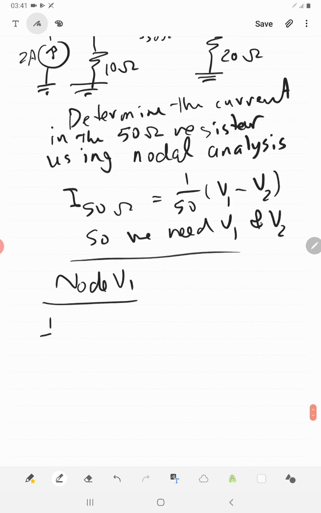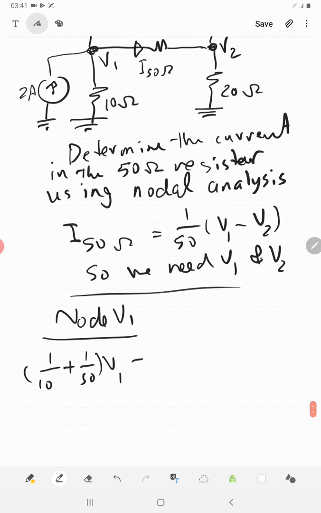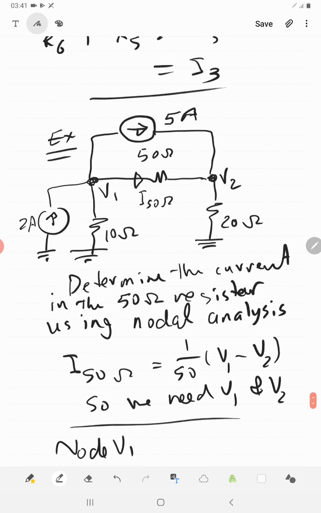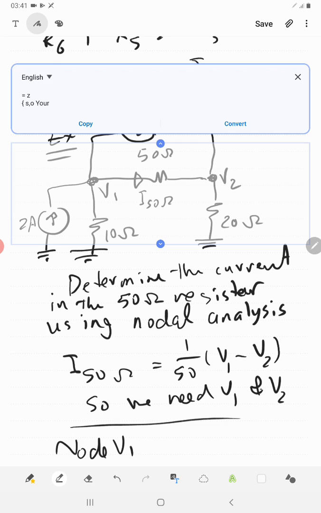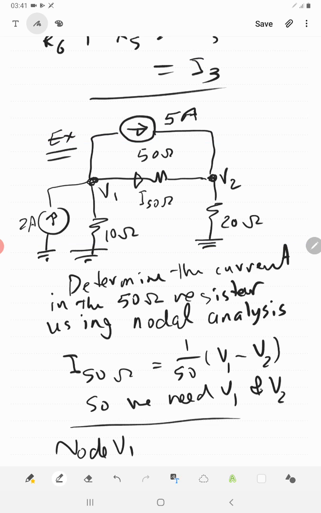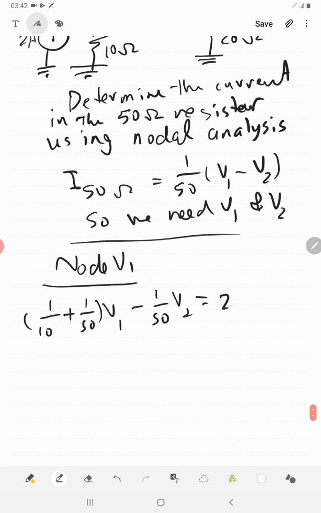So we say (1 over 10 plus 1 over 50) times V1 minus, it's connected to node V2 through 50 ohms, so minus 1 over 50 times V2 is equal to the injected currents. The injected currents are 2 amps and 5 amps. 2 amps in, 5 amps out, so we say 2 minus 5. Okay?